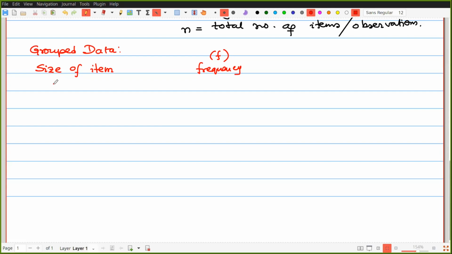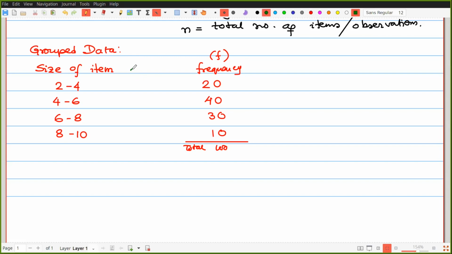Size of item given 2 to 4, 4 to 6, 6 to 8, 8 to 10. And the frequencies are given 20, 40, 30, 10. Total frequency is now 100. We have to find out the mean deviation.